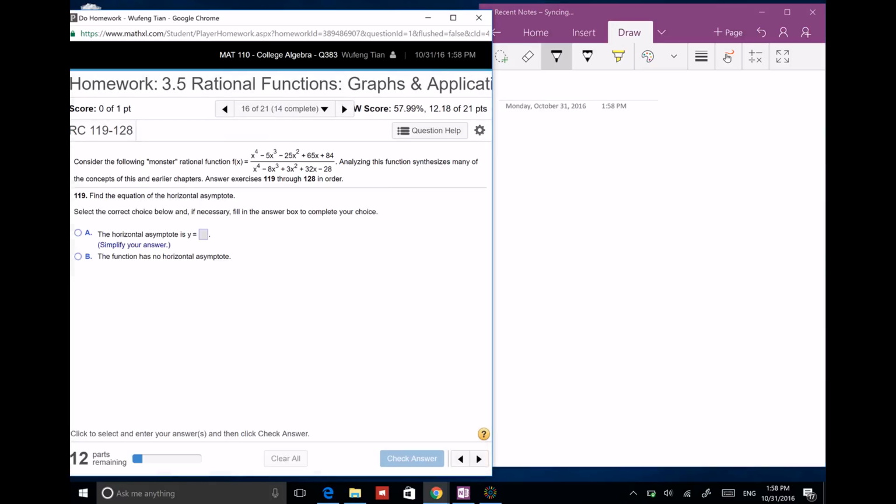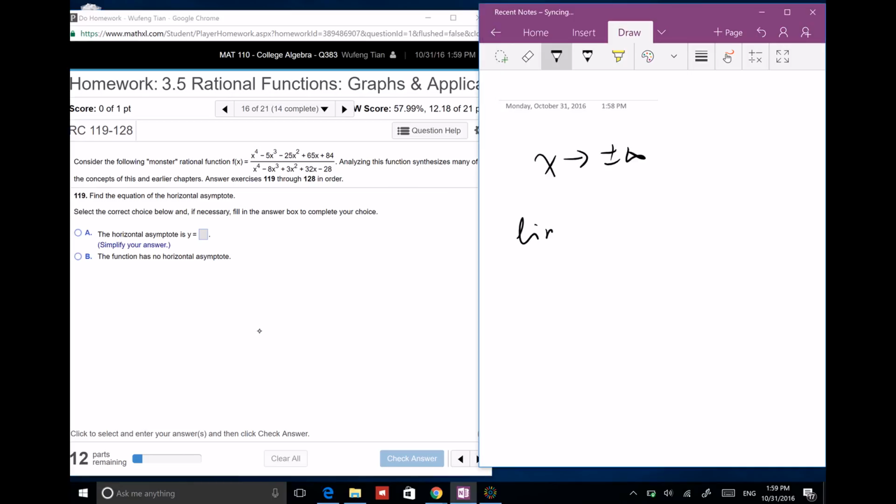Now first, horizontal asymptote. Horizontal asymptote is when x goes to positive or negative infinity. So when x goes to positive or negative infinity, you plug into here, so you divide everything by x to the power 4.